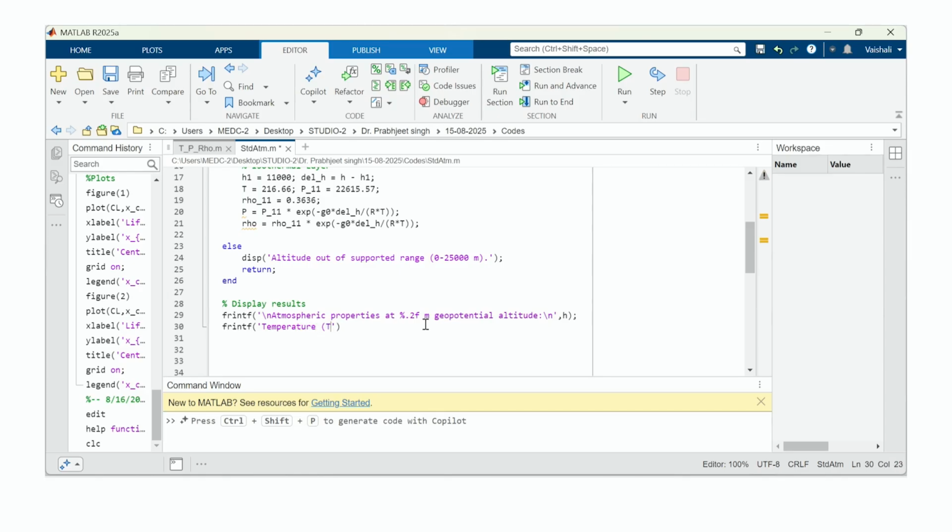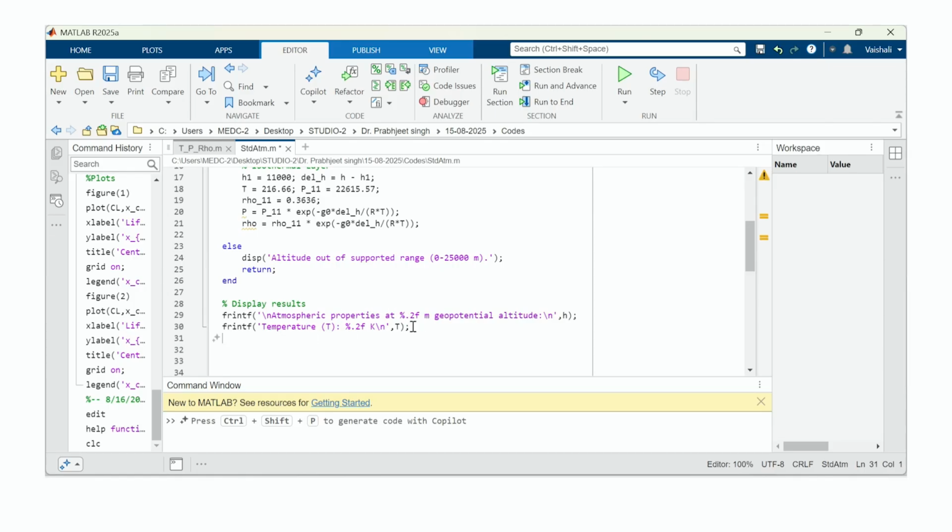Temperature T, again percent 0.2f. The temperature is in Kelvin, and again new line. Comma. So what is the value? T. This is the semicolon over here.